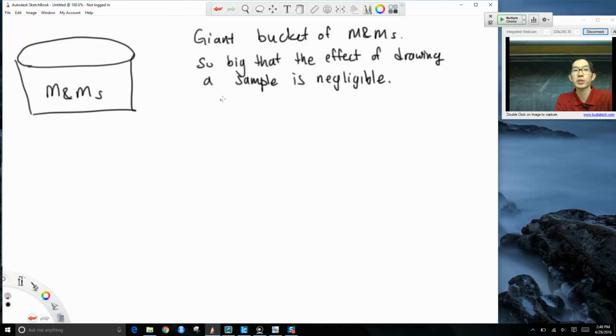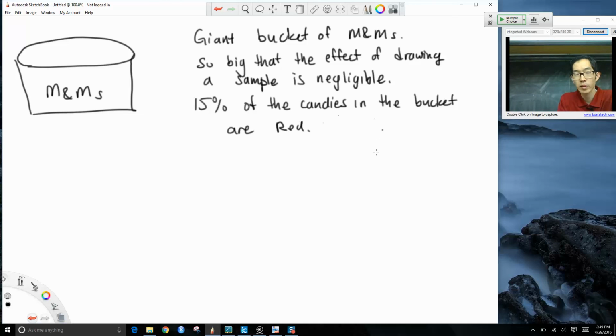And so we can say 15% of the candies in the bucket are red.